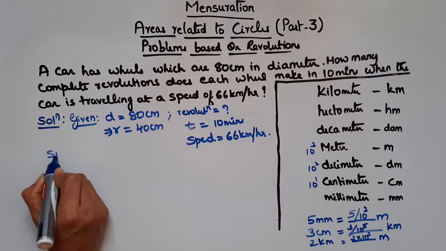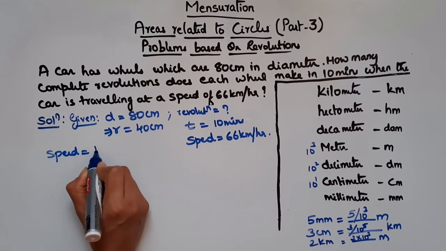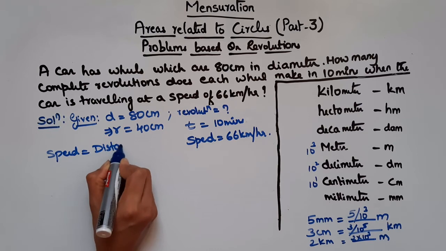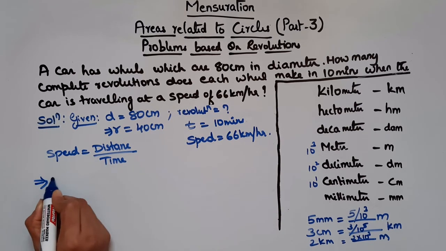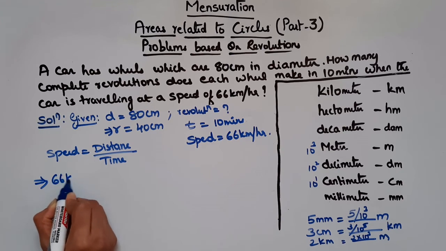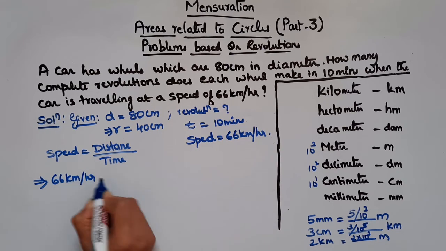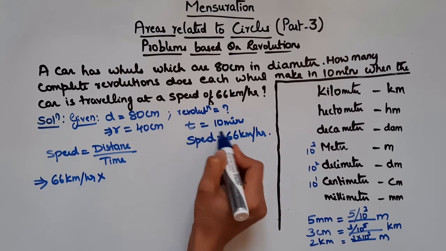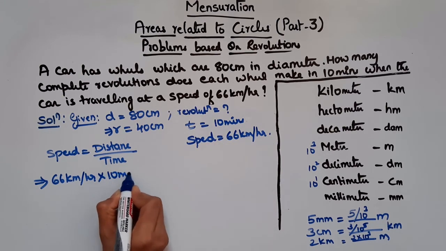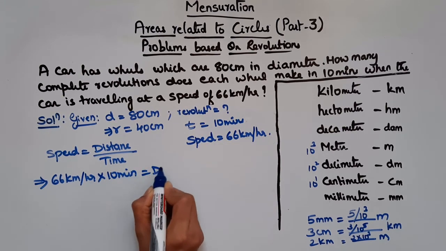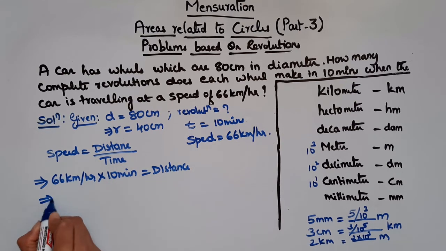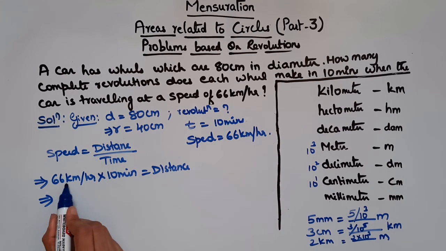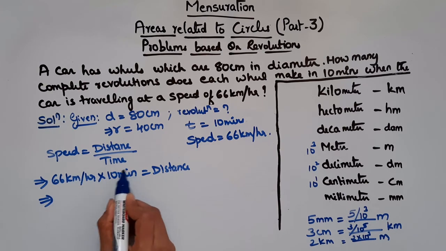We know speed is equal to distance by time. This implies speed is given as 66 km per hour into time, here 10 minutes, which is equal to distance. Here speed is in hours and time is in minutes.